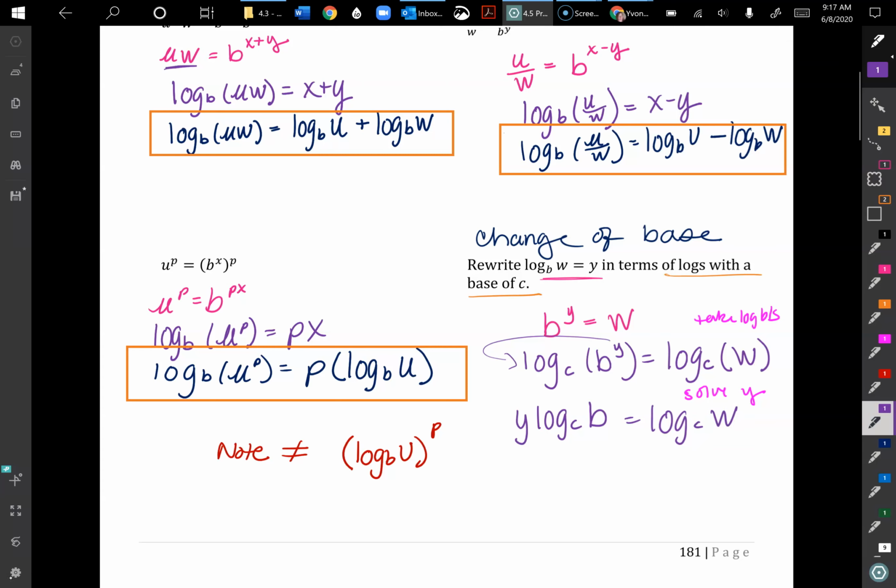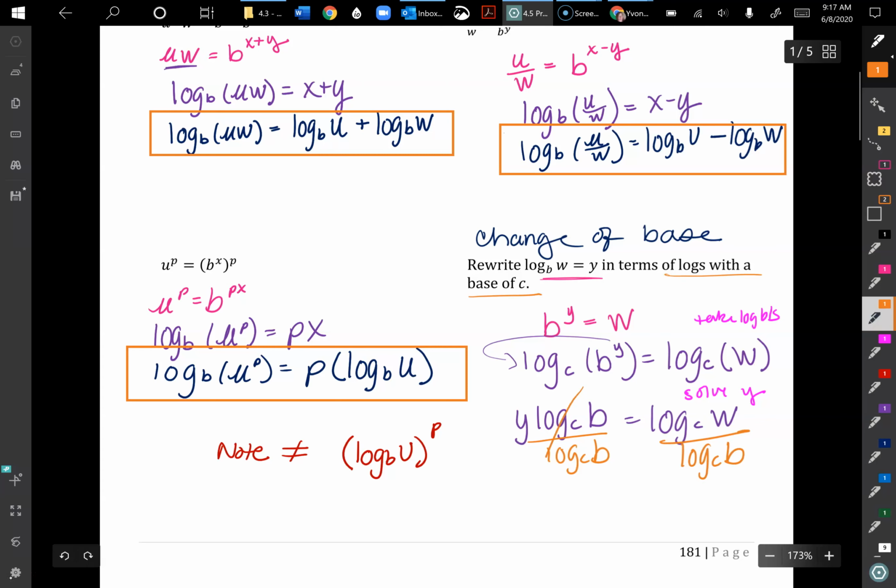And now I can divide both sides by log base c of b. And that will give me y by itself equal to log base c of w over log base c of b.